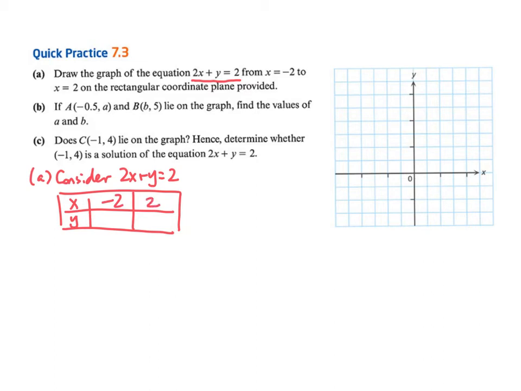If I substitute negative 2 and 2 to find y, again I will change the subject, so y equals 2 minus 2x. And then I substitute the points one by one. I substitute negative 2. So here y equals 2 minus 2 times negative 2, which means the answer would be 2 plus 4, so it would be 6.